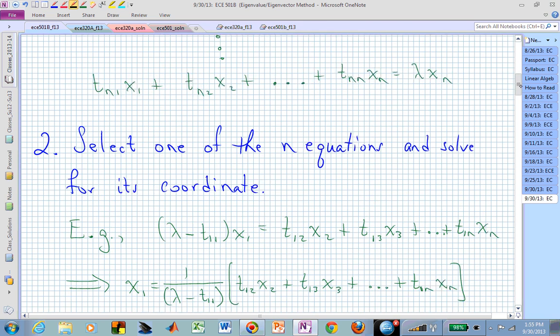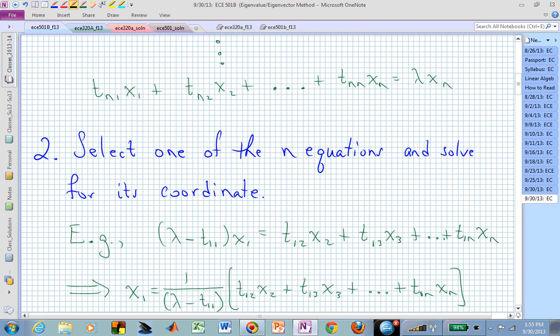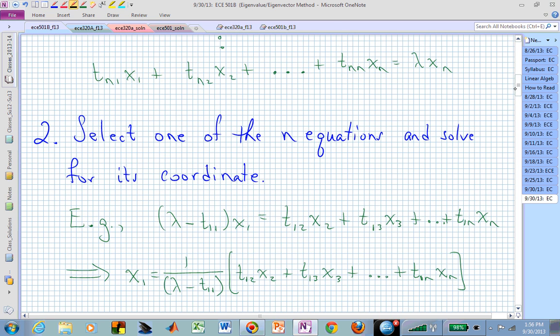And that's what I'm saying here. I now have lambda minus t11, that quantity times x1, and that's equal now to this linear combination based on the elements in the linear map T that scale all of these other coordinates, x sub 2, x sub 3, x sub n, of this potential eigenvector. Now we have x sub 1 in terms of the remaining n minus 1 coordinates of our proposed eigenvector.